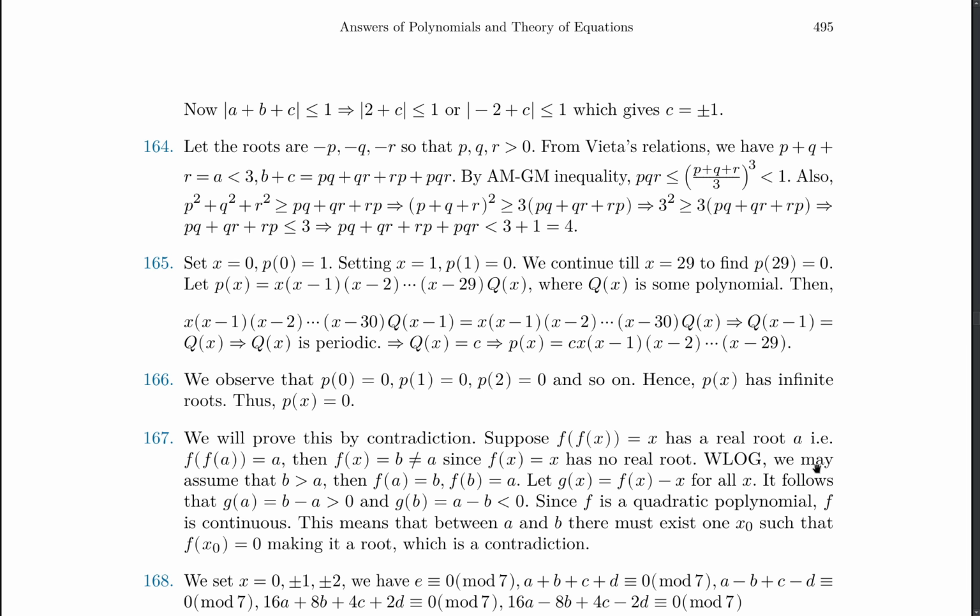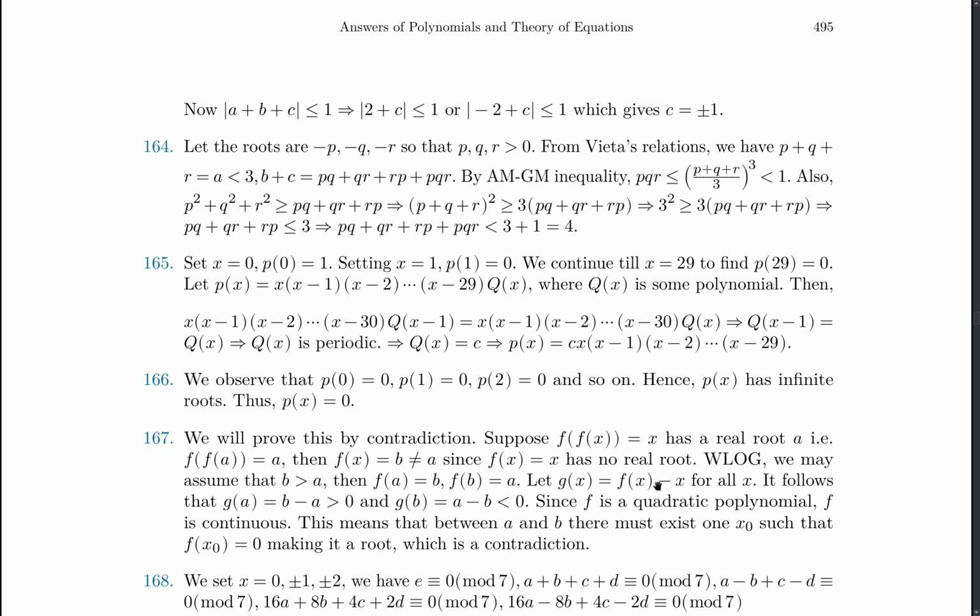Without loss of generality, we may assume that b is greater than a. Then f of a is equal to b. Okay, we put x is equal to a, so f of a is equal to b. Now f of b, that is f of f of a, is equal to a. Now we consider a function g of x is equal to f of x minus x for all x.